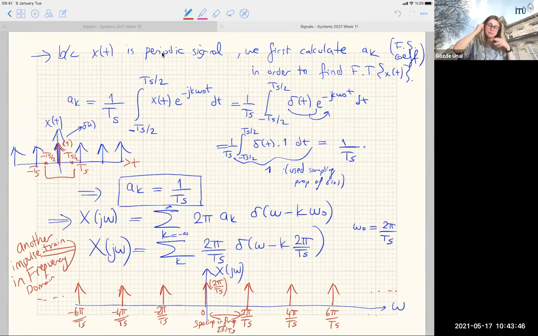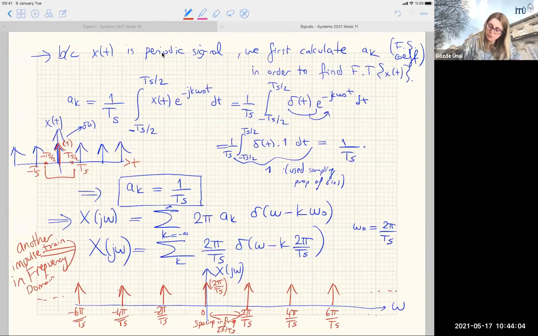As the period in the time domain, this Ts, increases, the impulses will be widely separated there, but here they will be more densely, closely separated. That's the idea.